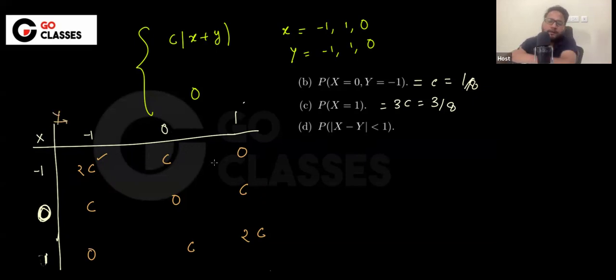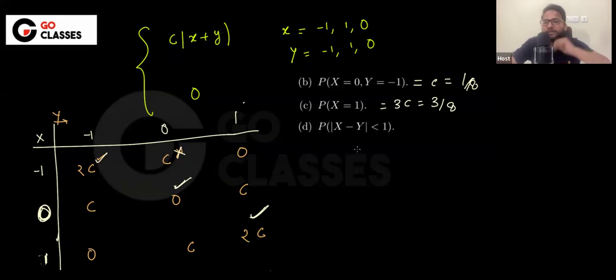For -1 and 0, the difference is just 1, and 1 is not less than 1, so it will not satisfy. Whenever x and y are equal, this will satisfy. Apart from that, I don't think anything else will satisfy, right?